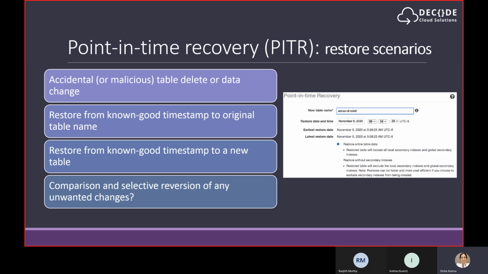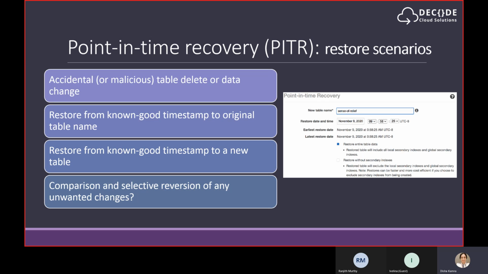Despite all of this, it is possible that a malicious individual could delete a table or modify your items. Such a scenario could also be the result of a simple human error or a coding error. How might this impact your application or service? How would you recover, and how long would that take?